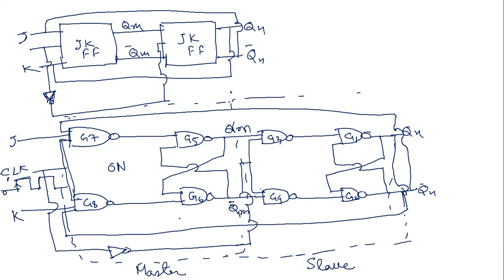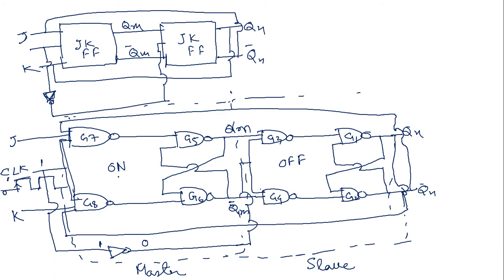But at that time, the clock for the slave is 0 because of the NOT gate, so 0 deactivates this flip flop. So this flip flop is in off condition, and we can't observe any output from this end.